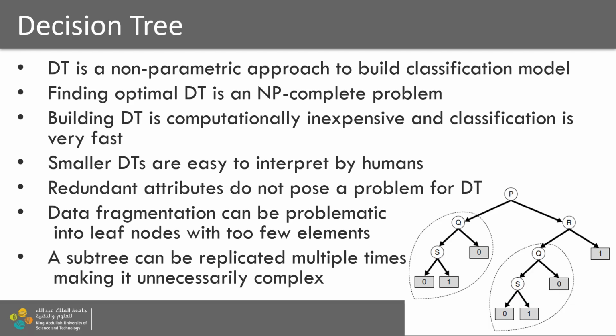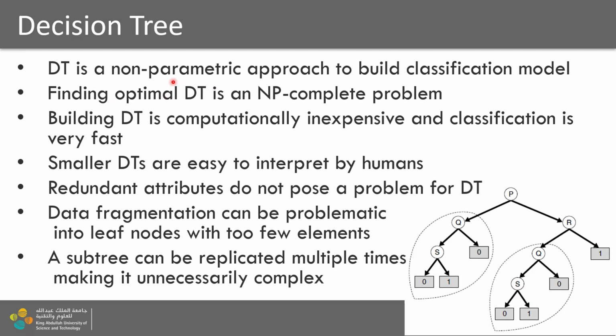So, a couple of interesting remarks about the decision tree: decision trees are a non-parametric approach to build a classification model. We didn't have any parameter like we had the parameter k for the case of the k-NN classification.